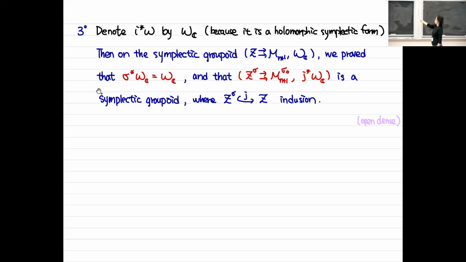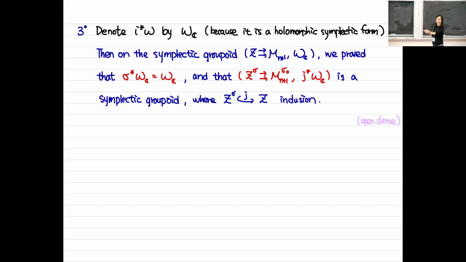And you can show that this fixed point set is a Lie groupoid. Then using the natural inclusion, the pullback of this symplectic form is again symplectic, and you can show it is multiplicative as well. So that gives you a first symplectic groupoid.